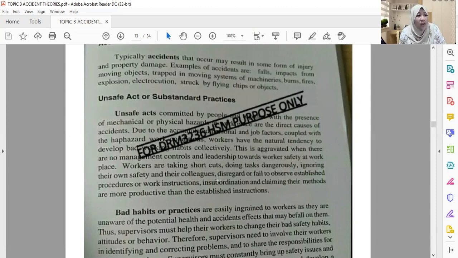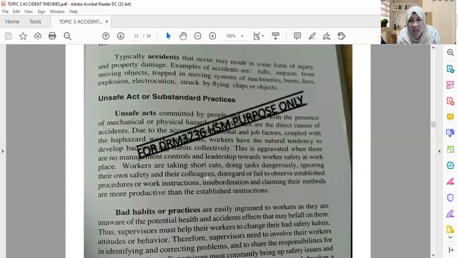As I told you before, they feel that they are in the comfort zone, safety zone. So meaning to say they are in too much comfort zone, so they don't use any PPE, personal protective equipment. Okay, for example, uniforms that have protection for the workers themselves. Okay, so they're doing tasks dangerously, not using gloves, masks, ignoring their own safety and their colleagues'.